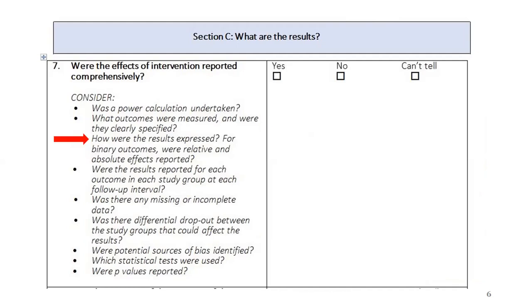How were the results expressed for binary outcomes? Were relative and absolute effects reported?